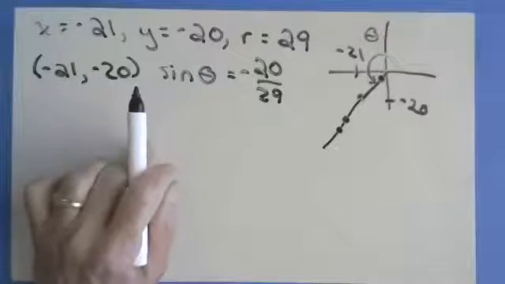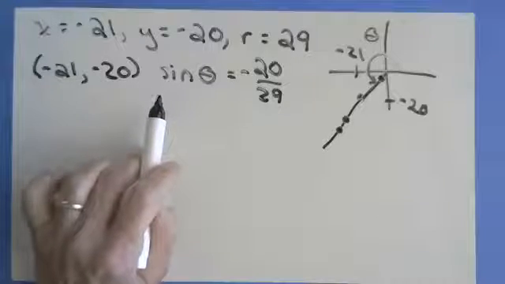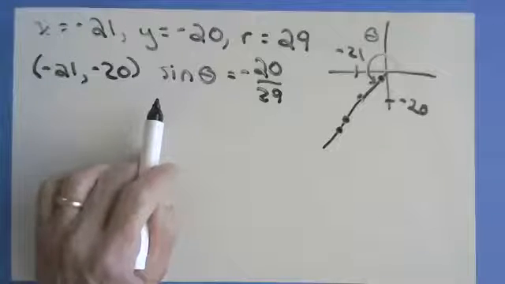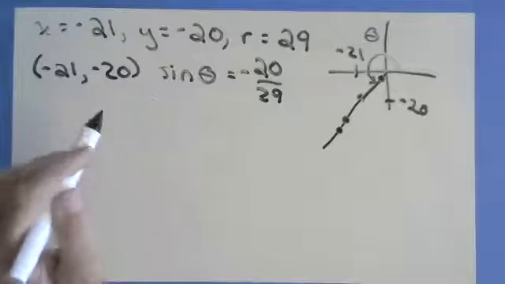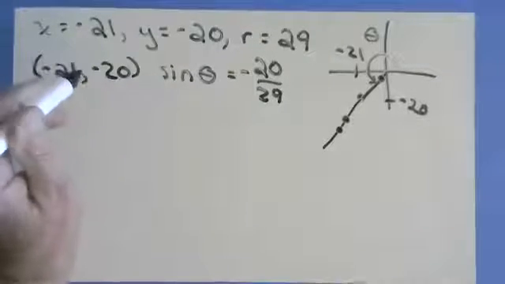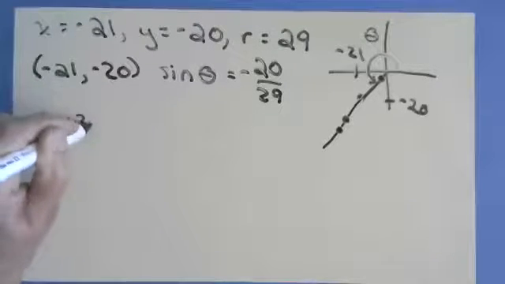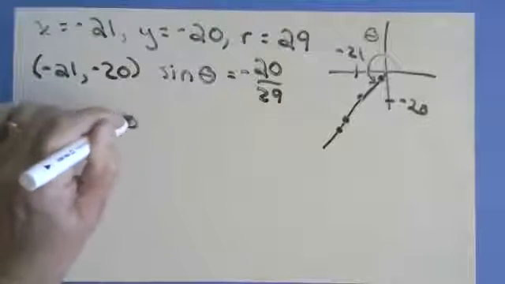And of course, using the same values, we will get the same for any other of the trig functions. So for example, if I didn't pick the point negative 21, negative 20, let's say I picked the point instead negative 42, negative 40.